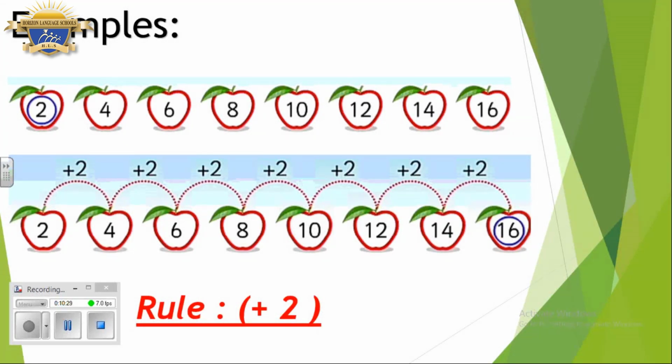And we have to know how much it increased, and we will put the number. Just for the example that we have taken, we have here 2 plus 2 equals 4, plus 2 equals 6, plus 2 equals 8, plus 2 equals 10, plus 2 equals 12, 14 plus 2 equals 16. So the rule will be plus 2.